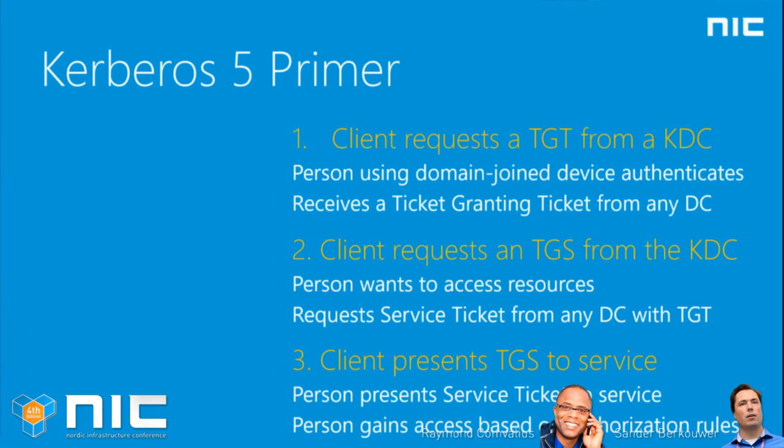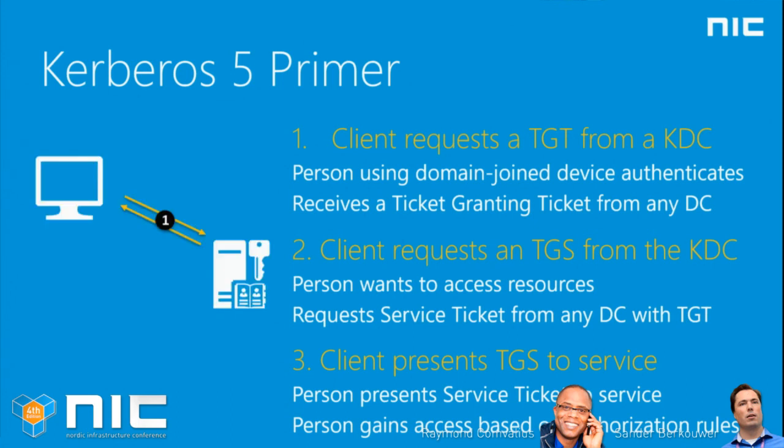Kerberos is based on tickets, and those tickets are handed out by the domain controllers. So if you first log on in your domain, you enter your credentials, and what happens is that on the domain controller there is this secret stored, your encrypted password. So what you do is you send your encrypted password to the domain controller with a request for a ticket granting ticket. This is a long-term key that you can use to access all resources in the domain later on.